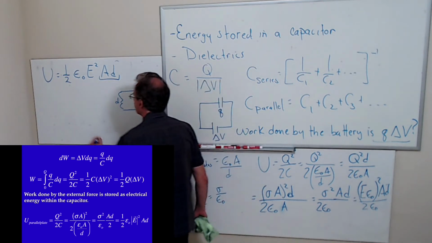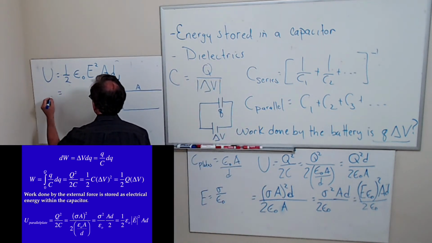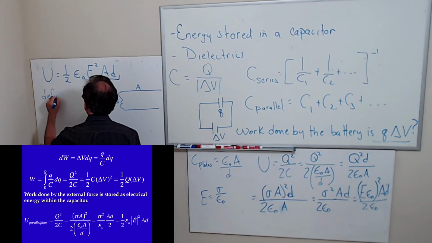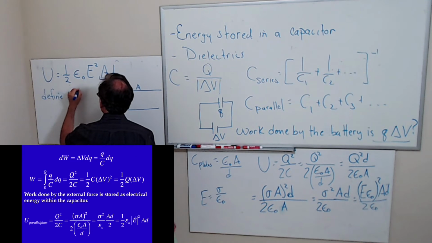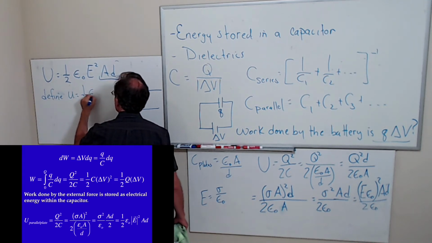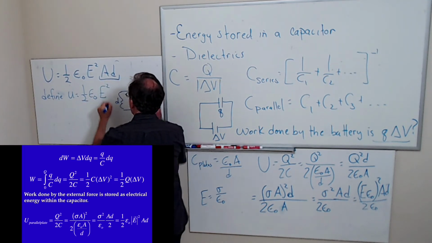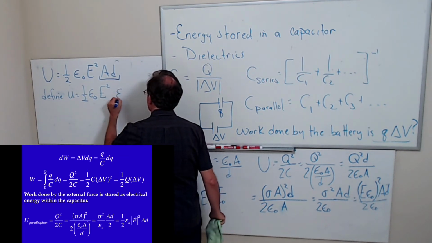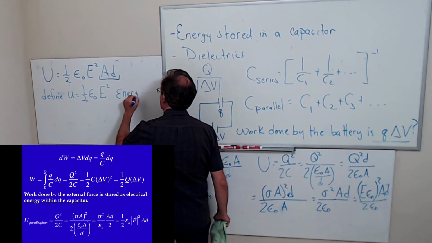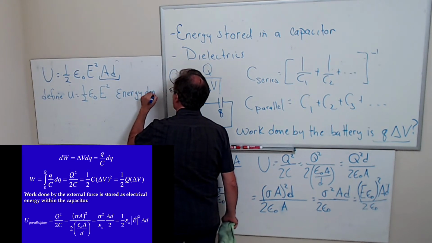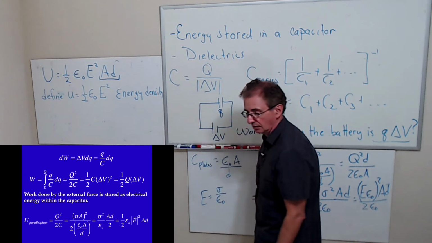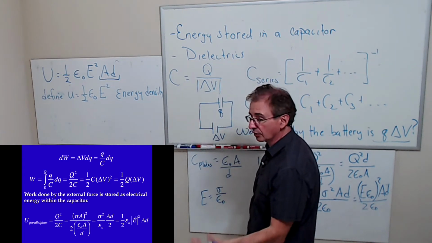So I can define little u as 1/2 epsilon naught E squared, and we're going to call that the energy density. Little u is the energy per unit of volume.